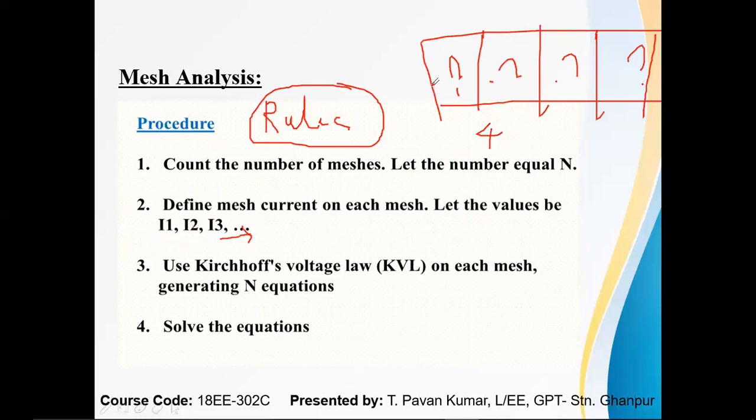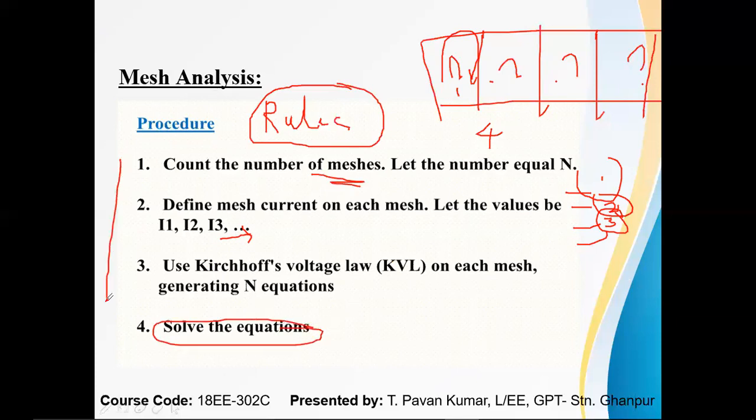Next, apply Kirchhoff's laws on each mesh, generating n equations. If there are 4 loops, you will get 4 equations. You need to generate the loop equations or mesh equations based on your meshes. Then solve those equations. This is the mathematical part.